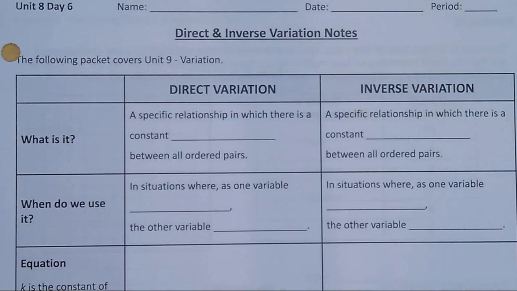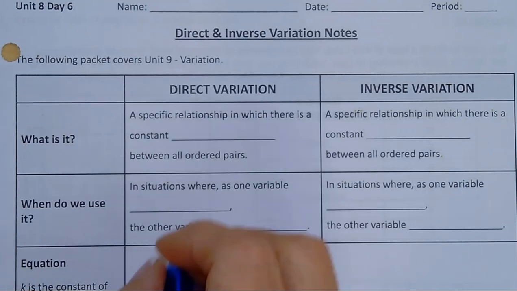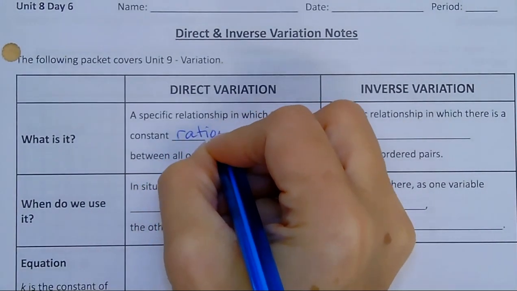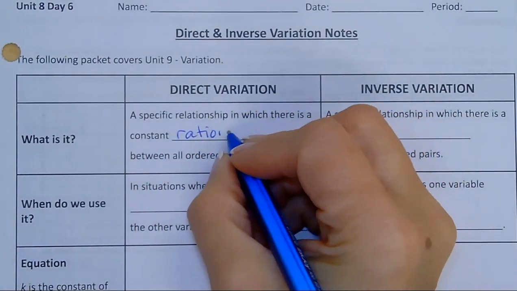We're going to think about variation as being a specific relationship between ordered pairs. We have two different relationships we can have: direct or inverse. If we have a direct relationship, there is a constant ratio between our y and our x.